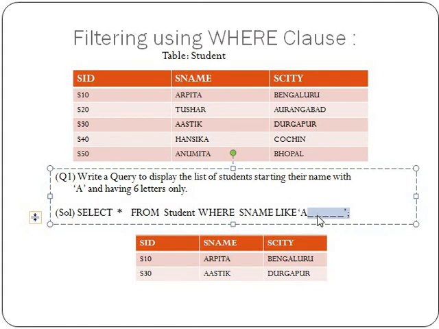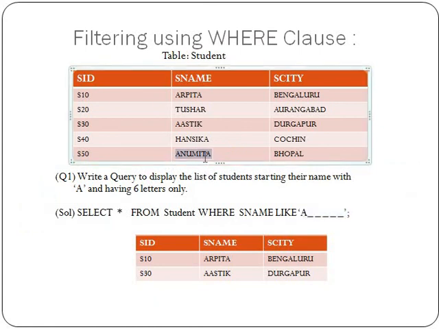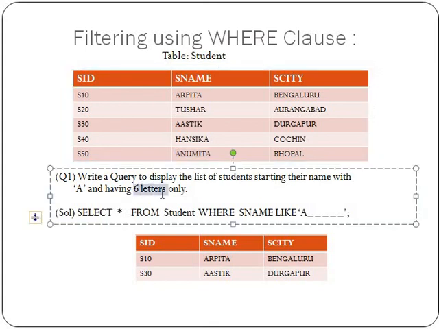But as per the criteria, you can have only 5 letters just after the first letter, which is A. So the student bearing the name Anumita and its entire record will be discarded, because if you look here, this student bearing the name Anumita comprises 7 letters, but as per the question we need to have at the most 6 letters.